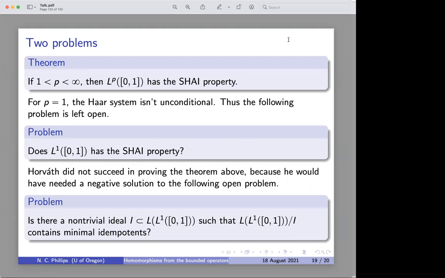I believe, but have not written down enough to actually be sure, that there exists a non-self-adjoint subalgebra of bounded operators on little L2, which is simple and isometrically incompressible in the sense that contractive injective homomorphisms are isometric.